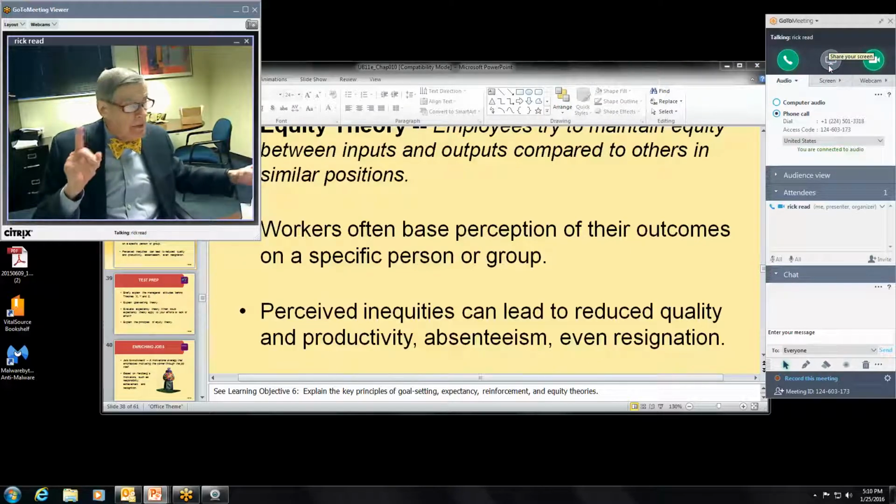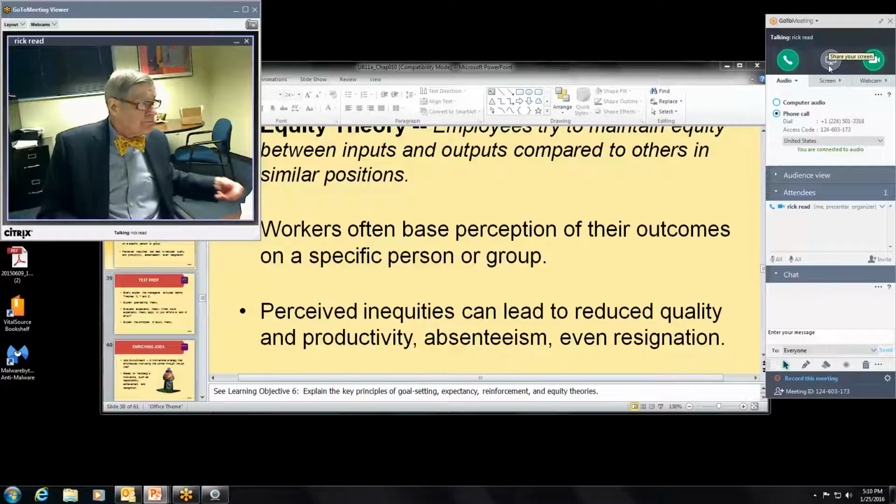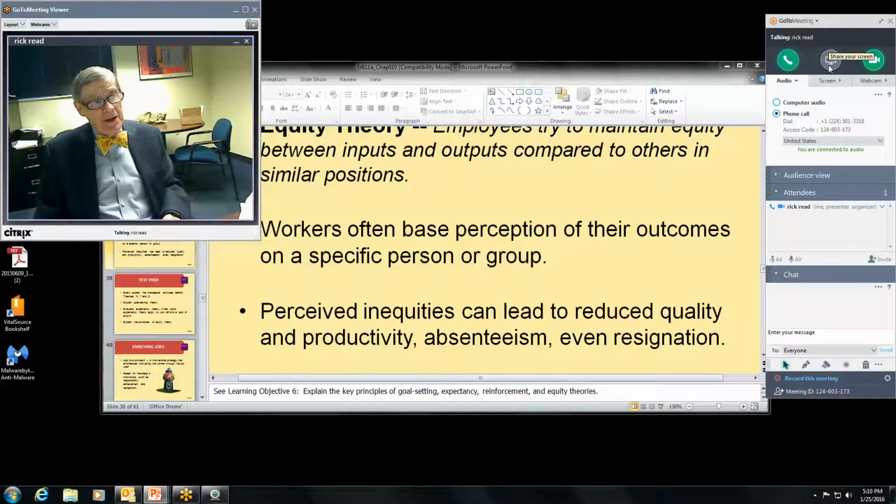they're not being treated equitably, they will have a number of choices, and none of them are good for the company. Notice they're going to reduce their output. They may become absent, late, whatever. They may decide to look for a new job.